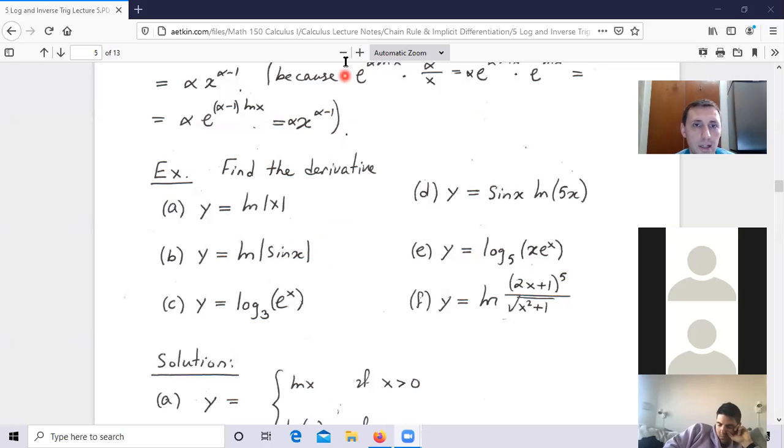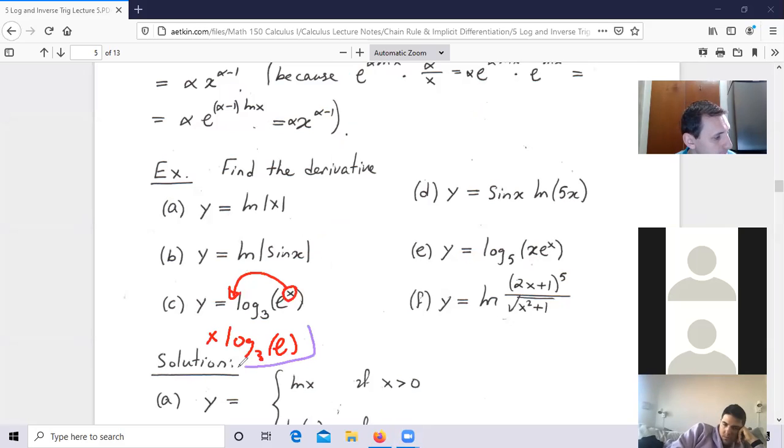So what do we do? The easiest thing to do here is to notice it's a logarithm. So when you see a power, you can drop it down. So it's really x log base 3 of e, and this is just a number.